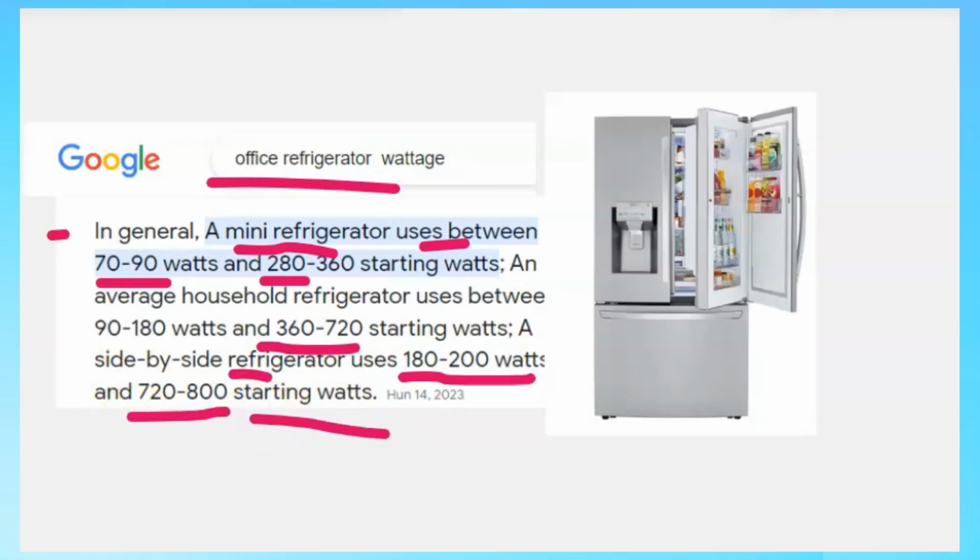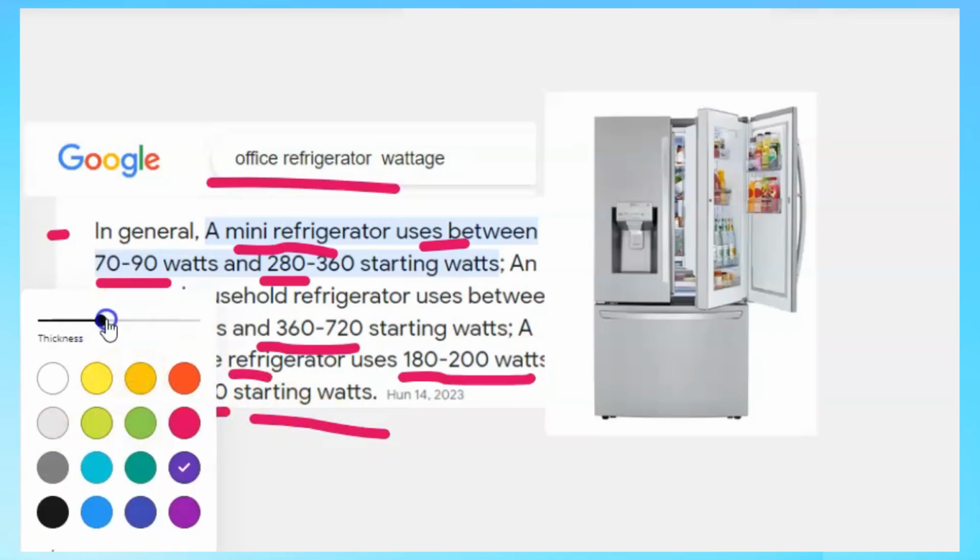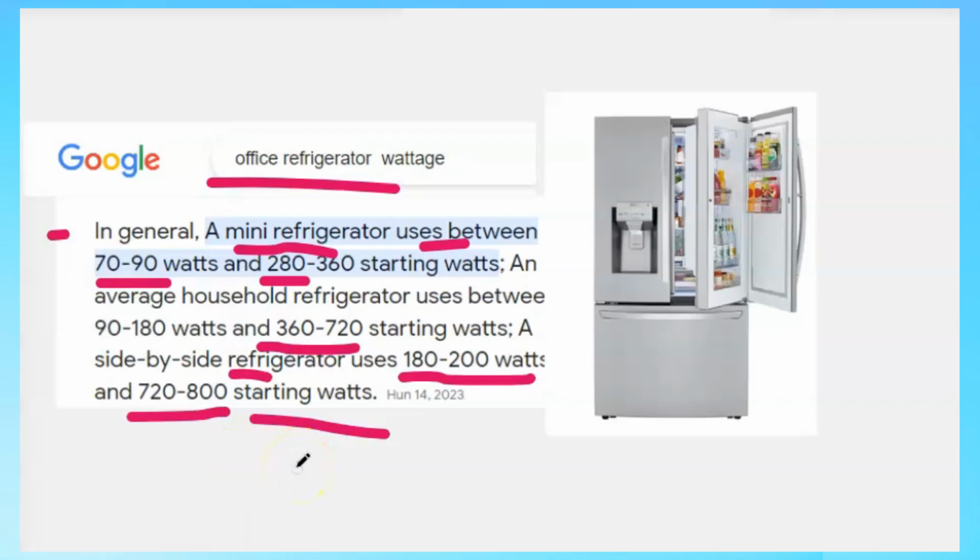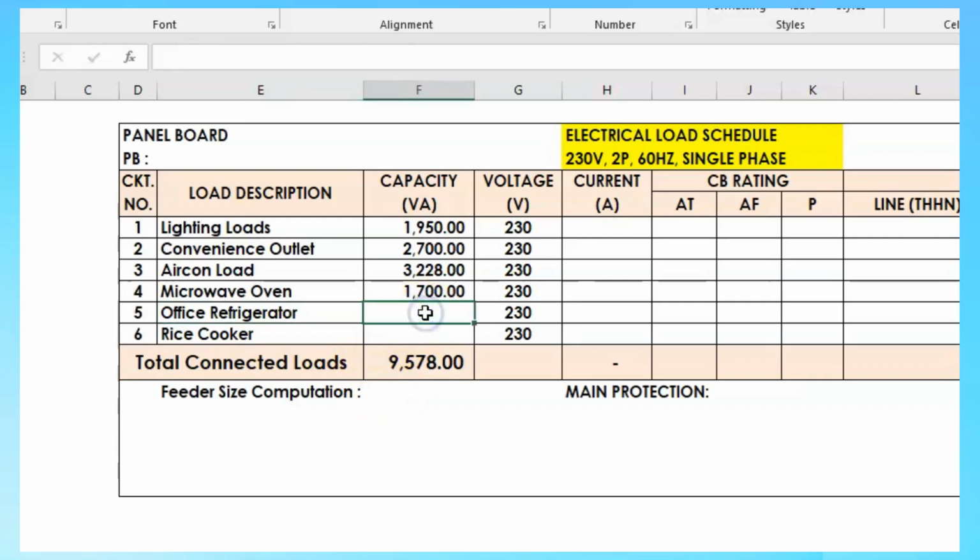Okay, so actually the wattage depends on the model. But for load schedule purposes, always choose the higher value so that if there is a change, like an addition or upgrade of the ref, we are covered. So we can use this 800 starting wattage. Okay, so let's use that on the load schedule. Okay, so for office refrigerator we have 800 watts.